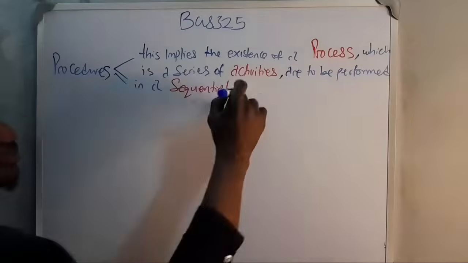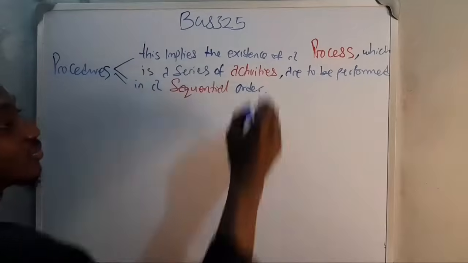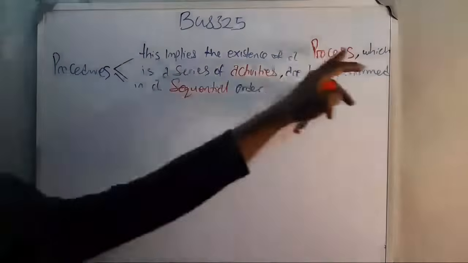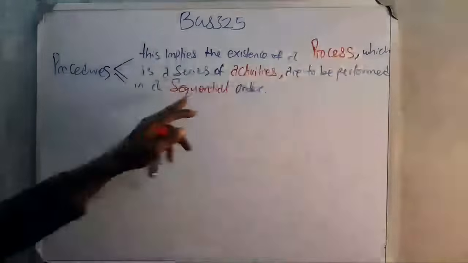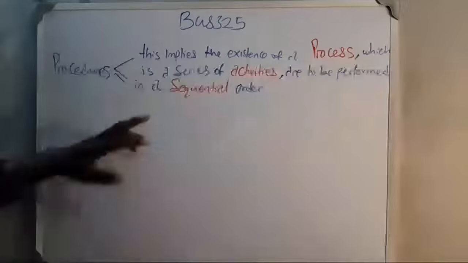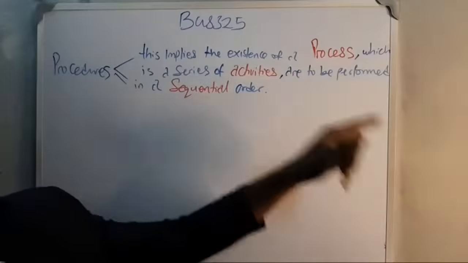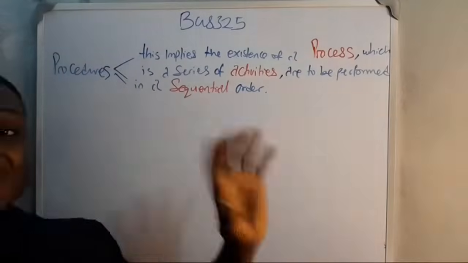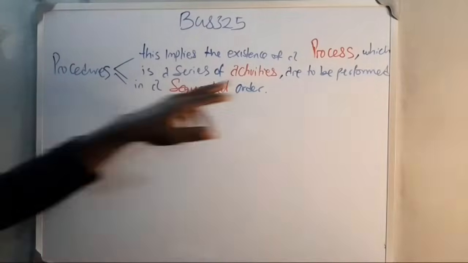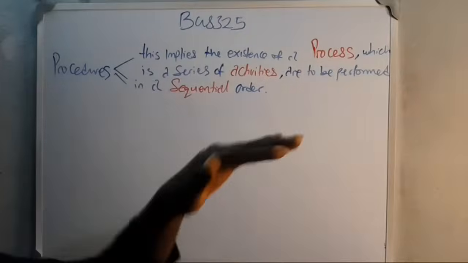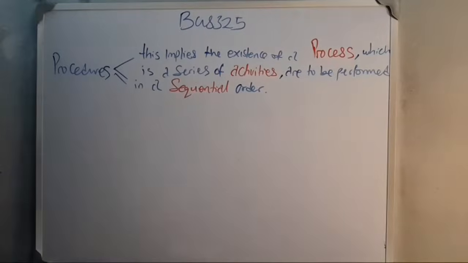Now look at the points: process, activities, and sequential. So when you hear the term procedures, it implies the existence of a process, which is a series of activities, and these activities are to be performed in a sequential order. So we have that.